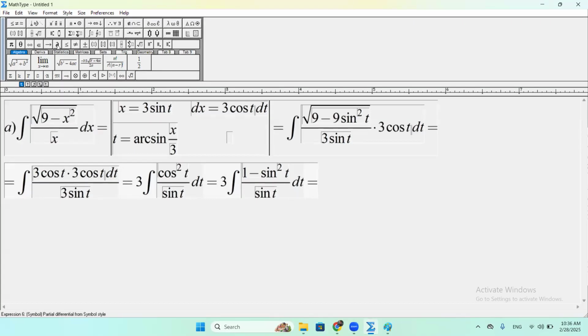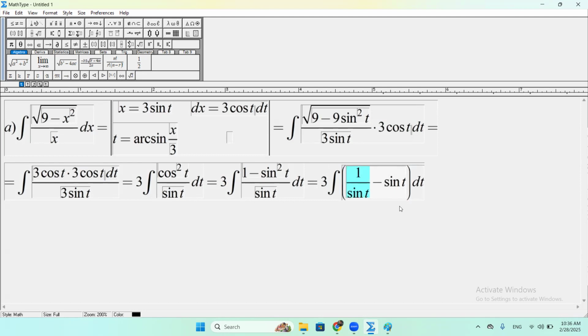Now expanding everything. So we have the following integral: 1 over sine of t minus sine of t dt. So this is the table integral, so cosecant of t.